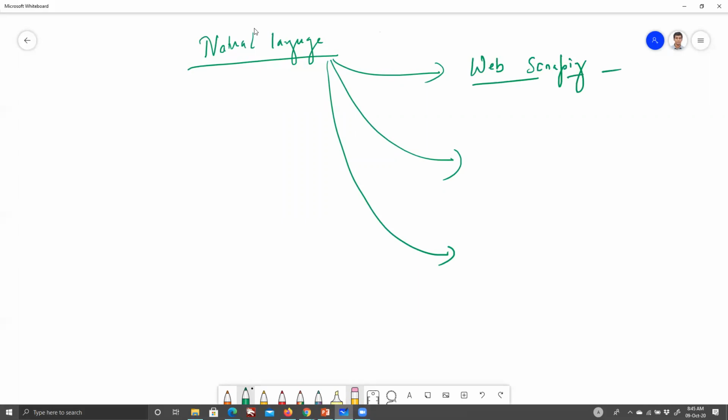Let's say you want to understand what the sentiment of the nation is right now. What will you do ideally? We'll collect data from social media. Fine, social media or news outlets. So you will go ahead and start web scraping.